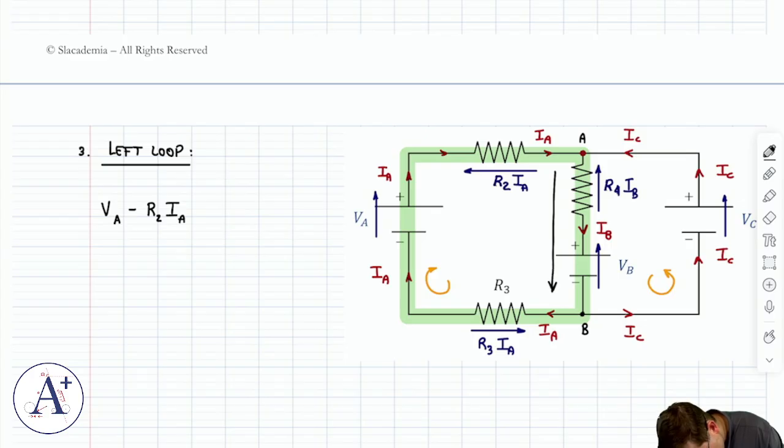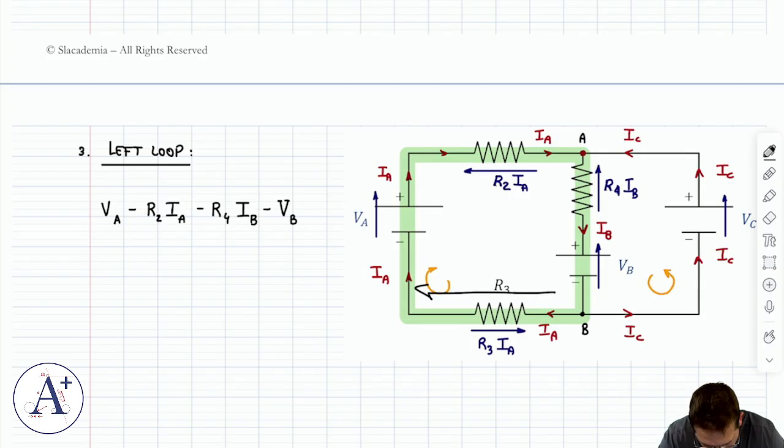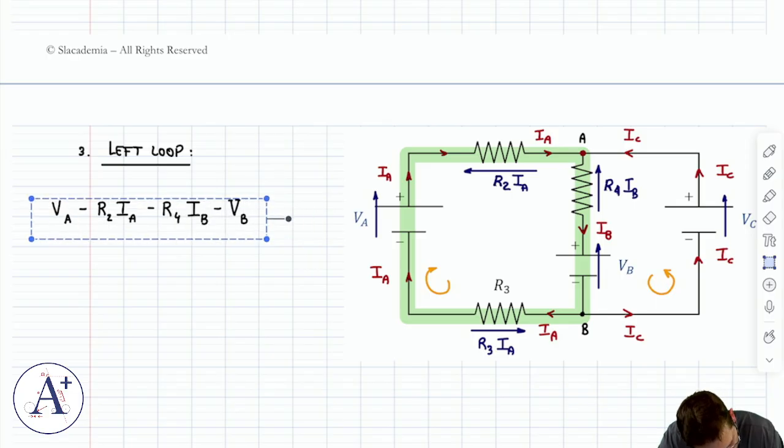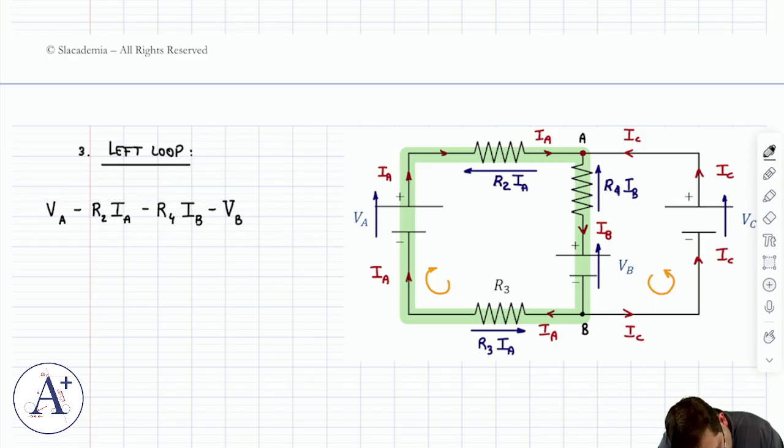I go down. That is against R4IB and VB, so minus R4IB minus VB. And then here I go this way. That's against R3IA, so minus R3IA is equal to 0.